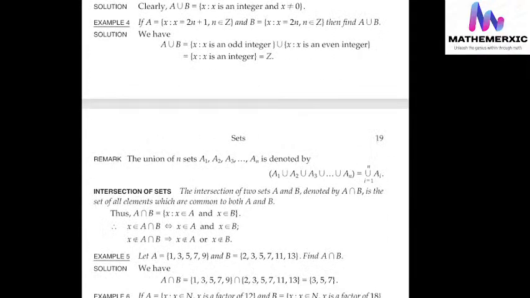The union of n sets is denoted by the union symbol with i equal to 1 to n.